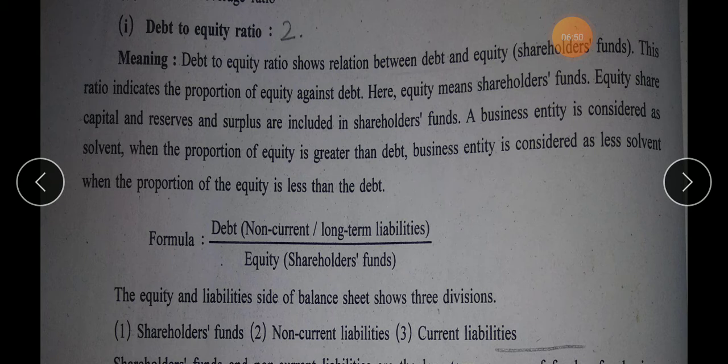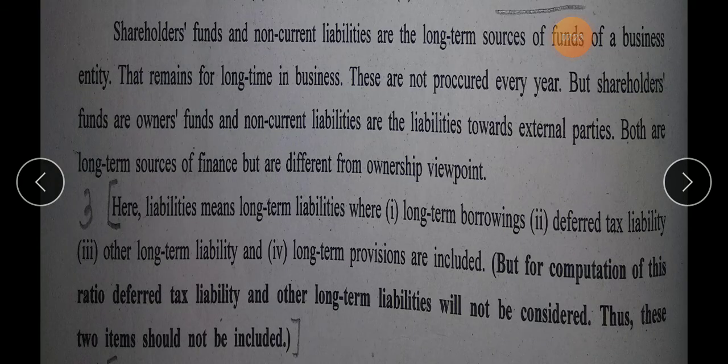The liabilities side is known as the equity and liabilities side of the balance sheet. Then on the asset side, you are having non-current assets, investments, current assets, fictitious assets. Fine. Moving ahead.